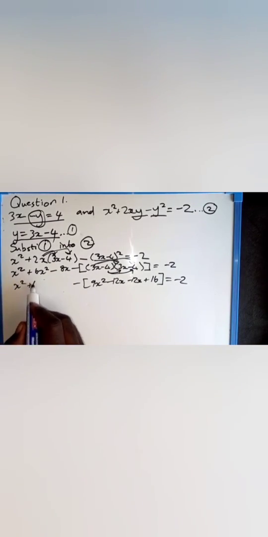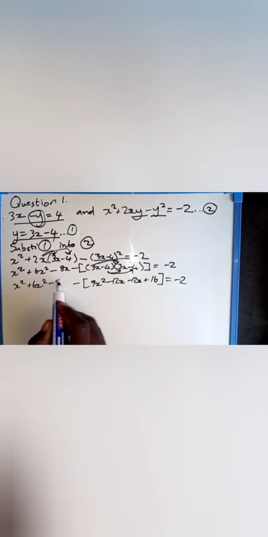x squared plus 6x squared minus 8x, is what we have, a negative here.